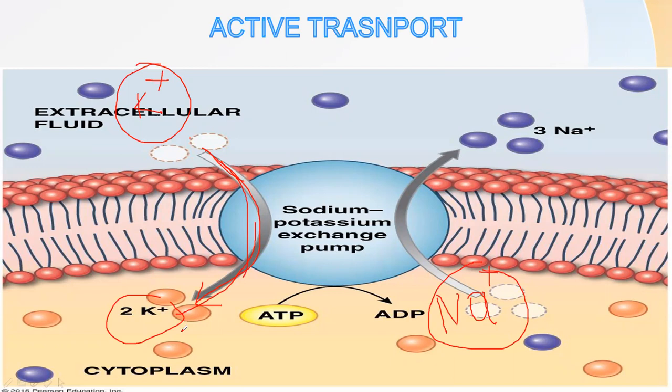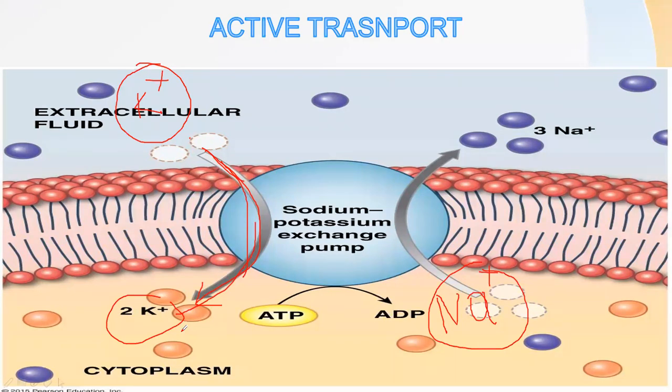In the same way, on the picture, inside of the cell there is a concentration of sodium ions, and outside of the cell there is a concentration of potassium ions. So to enter the potassium ions inside of the cell, some sodium ions should go out from the cell.